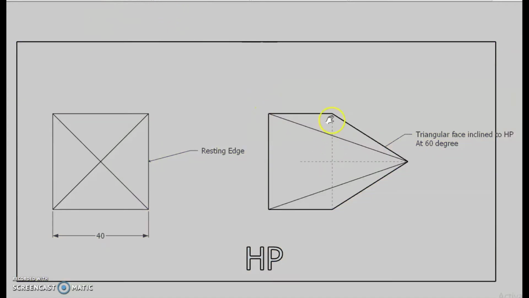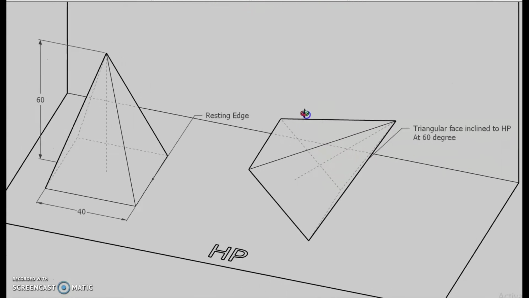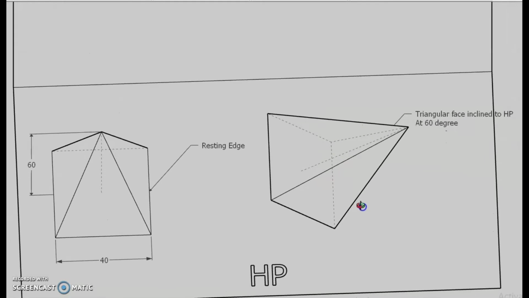So this will be the dotted line. This is the axis. In this way we have to show or complete its top view.